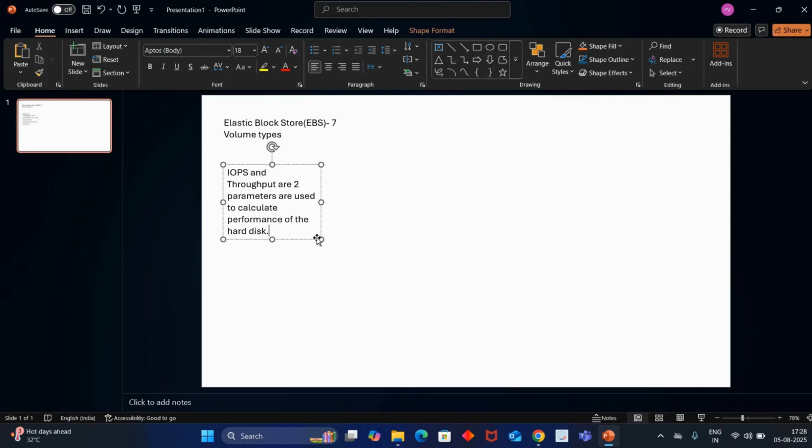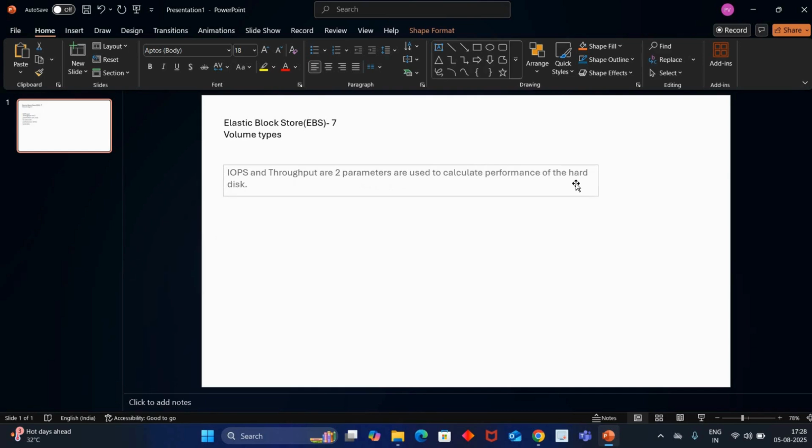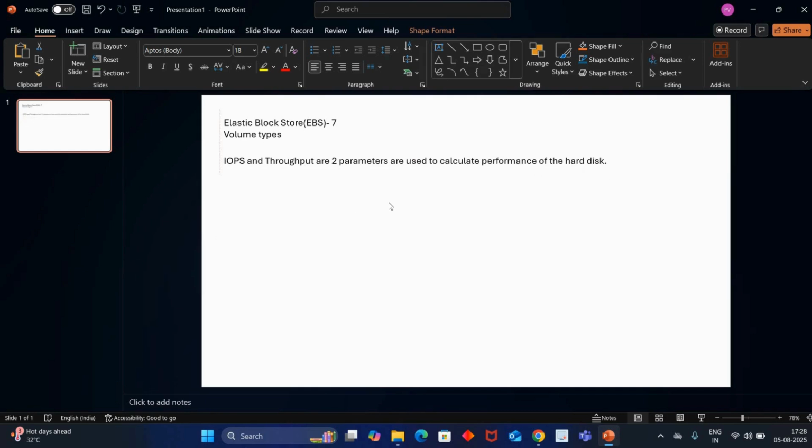One is IOPS and another one is throughput. First we'll see what IOPS is.